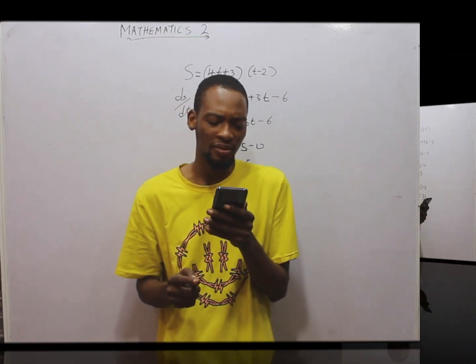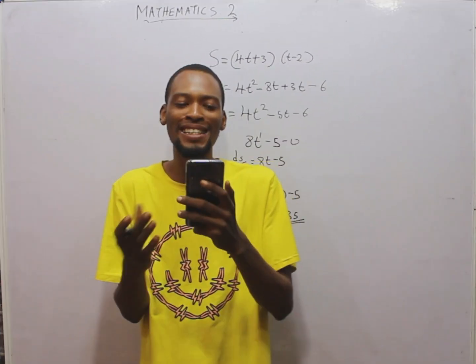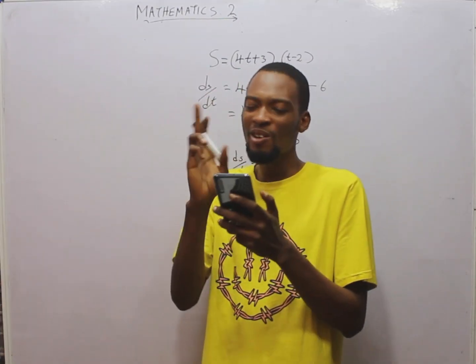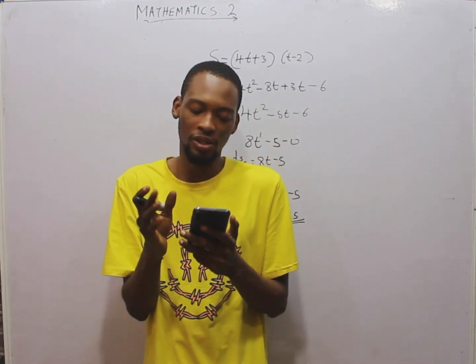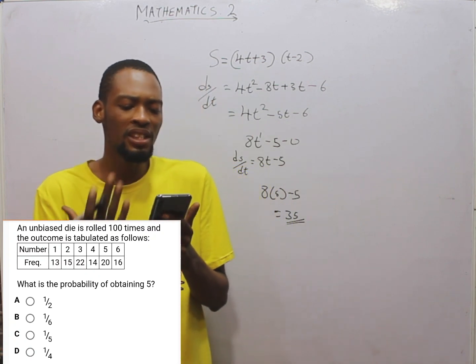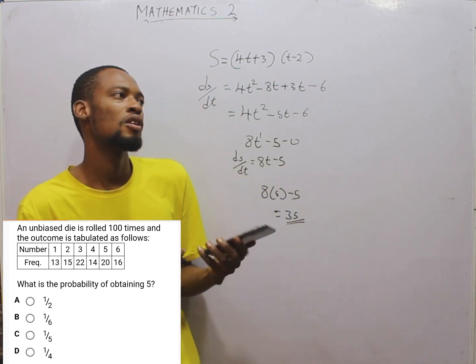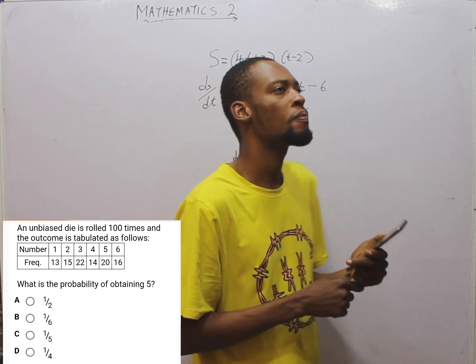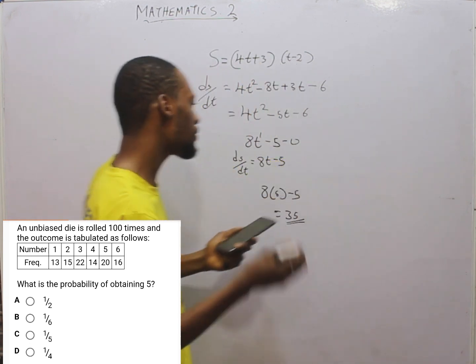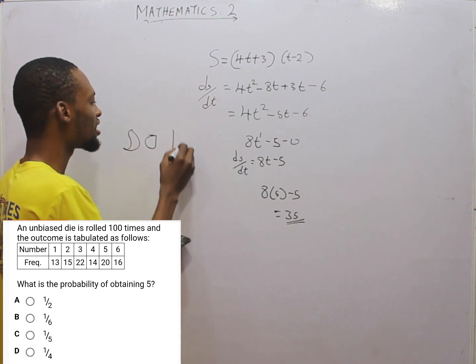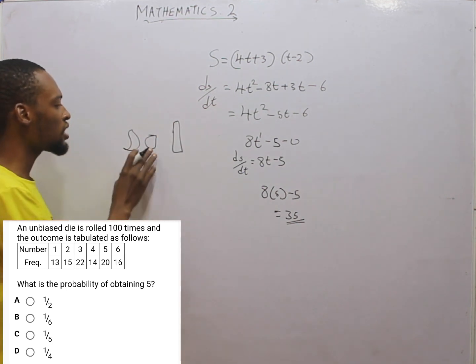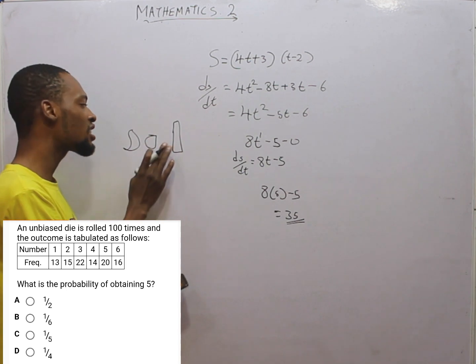And let's see the next question. An unbiased die is rolled 100 times and the outcome is tabulated as follows. What is the probability of obtaining 5? Probability is simply possibility. If I give you this, and this, and I say, what is the probability of obtaining this?